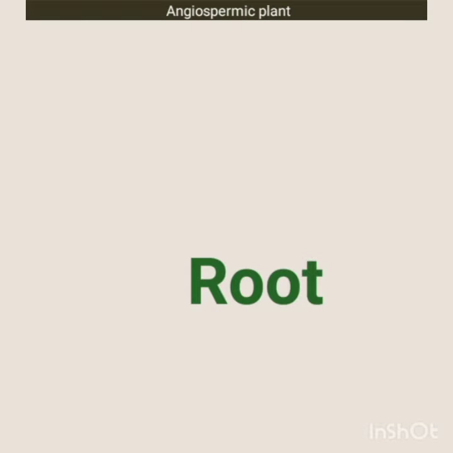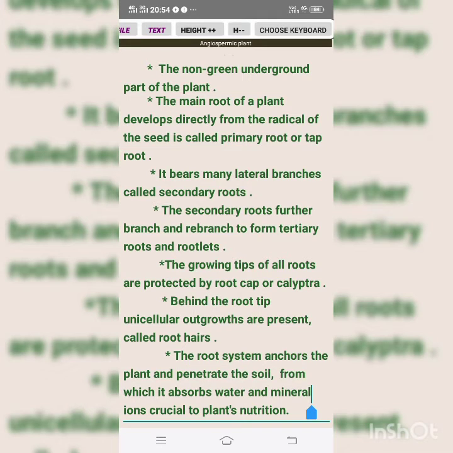First, come to root. Root is the non-green underground part of the plant. The main root of a plant that develops directly from the radicle of the seed is called primary root or taproot. It bears many lateral branches called secondary roots.